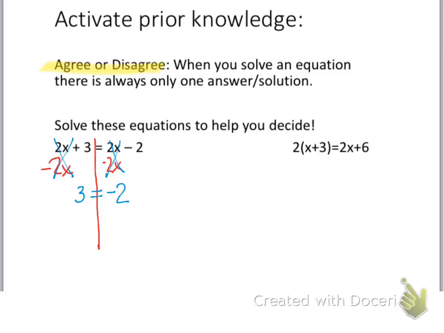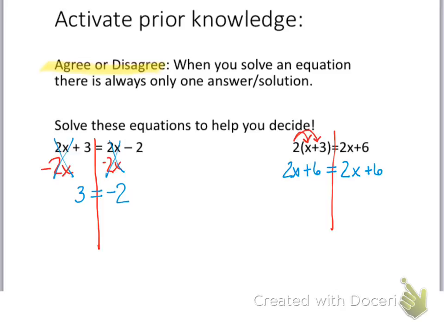Let's take a look at the other example. On this side, the first thing that I need to do to solve is to distribute. That gives me 2x plus 6 equals 2x plus 6.